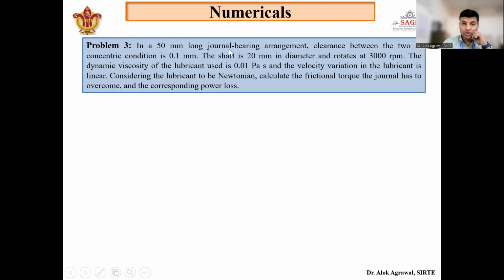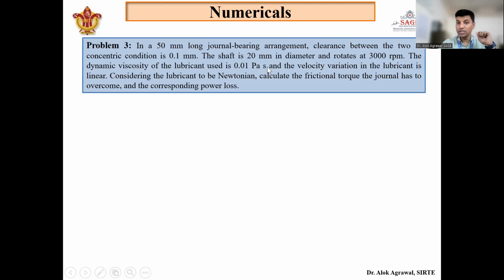In a 50 long journal bearing arrangement, clearance between the two concentric cylinders is 0.1 mm. Means there is a journal bearing arrangement which is 50 centimeter long, and the clearance between the two is 0.1 mm. The diameter of the shaft is given 20 and it rotates at 3000 rpm, and the dynamic viscosity of the lubricant is 0.01 pascal second.